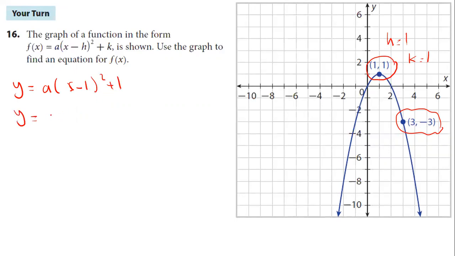y equals x squared minus 2x plus 1 plus 1. So I expanded this one here. Sorry.